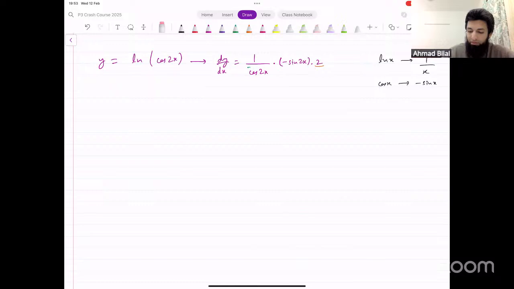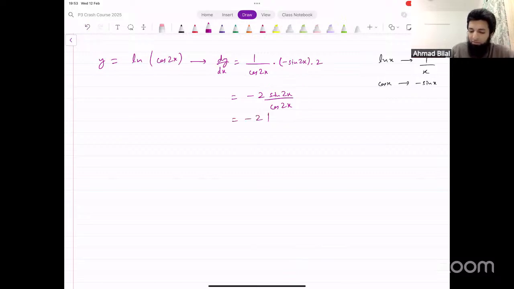Okay. You have this number multiplying. You can write that here. And you have this negative sign as well. You can write it like this. First of all, minus 2 sine 2x divided by cos 2x. Does that make sense until this point? Yes. And then, if you want, you can write sine 2x over cos 2x as tan 2x as well.